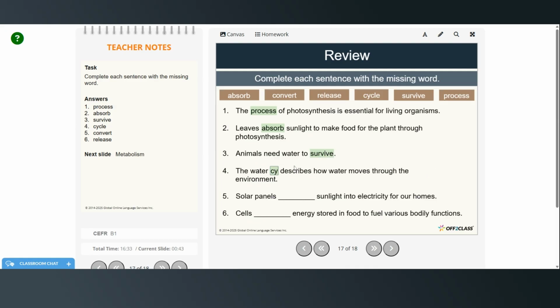The water cycle describes how water moves through the environment. Solar panels convert sunlight into electricity for our homes. And cells release energy stored in food to fuel various bodily functions.